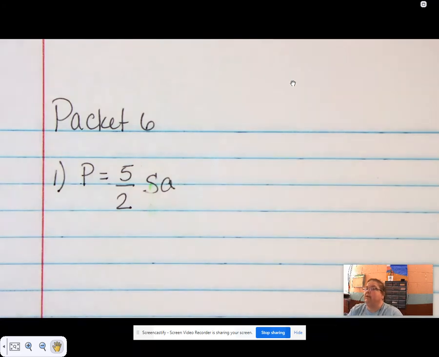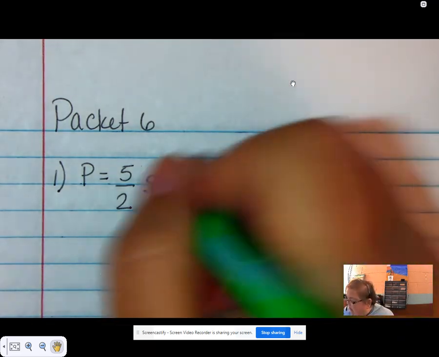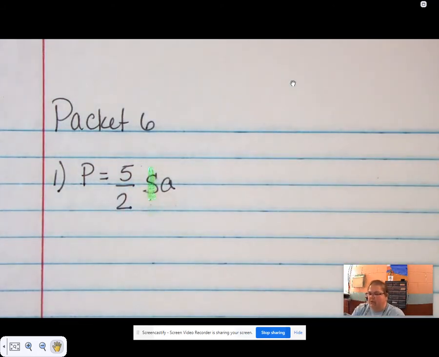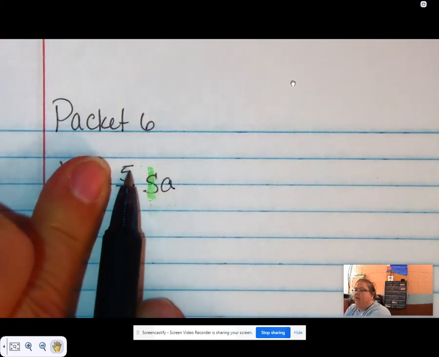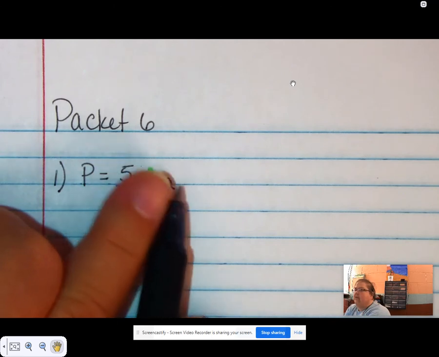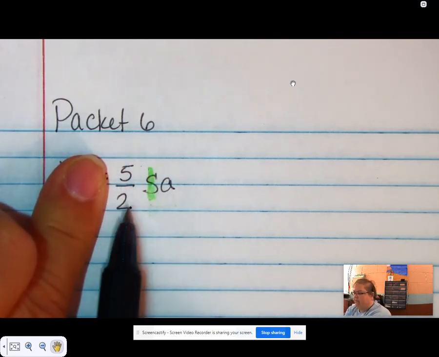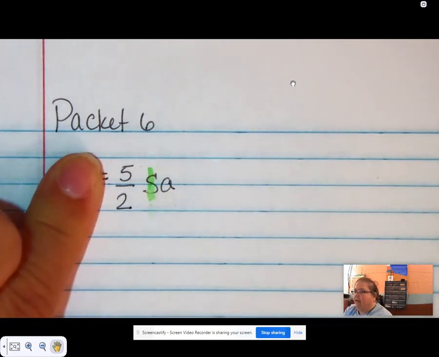Thank you for pointing that out. So it should be written like that. So I apologize. It did look like that. So I've got to divide away, because this is all multiplication. 5 over 2 times S times A. I've got to divide away the 5 over 2 and divide away the A.